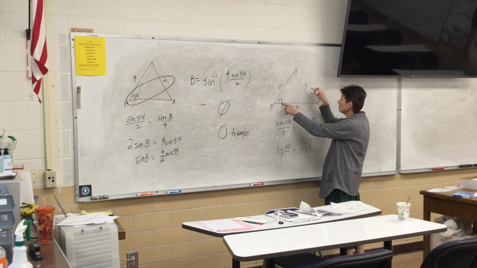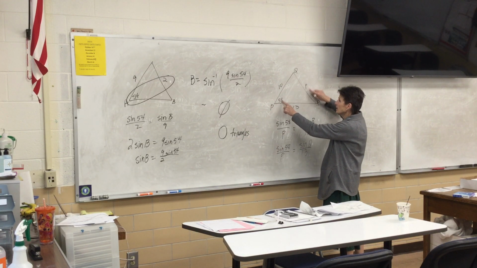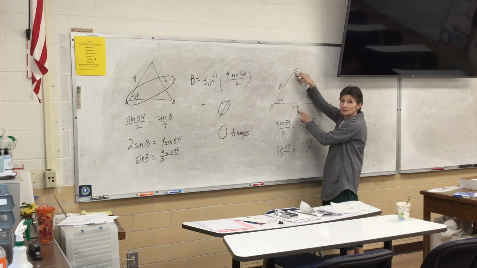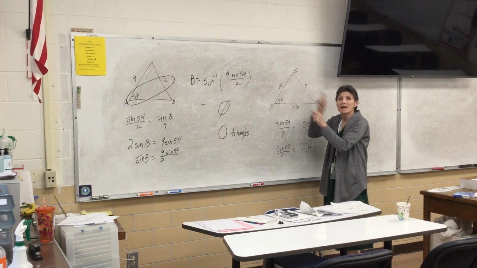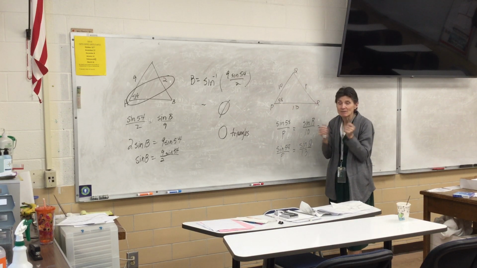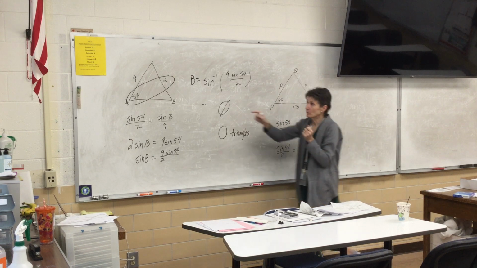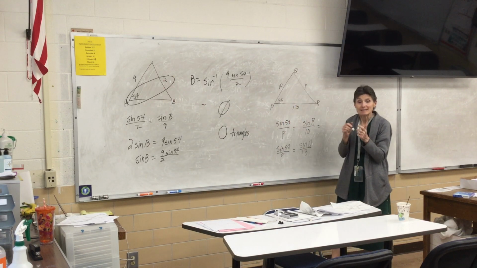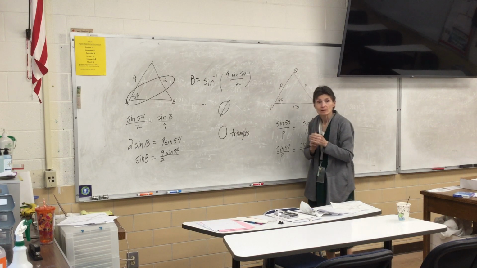I have an angle, but no side. I have a side, but no angle. There's no pair, like angle, side. I do not have that pair, like I do in this problem. And because I don't have a pair, I cannot use the law of sines.